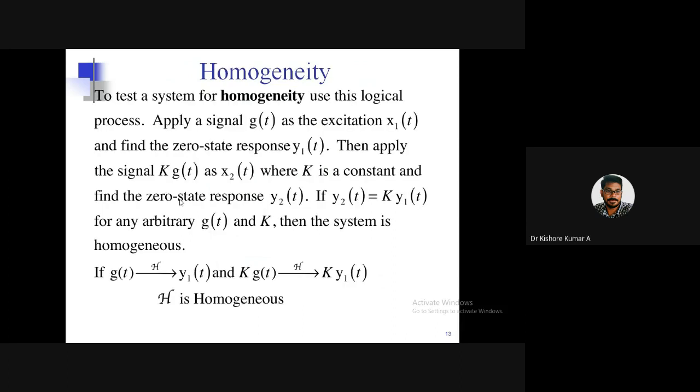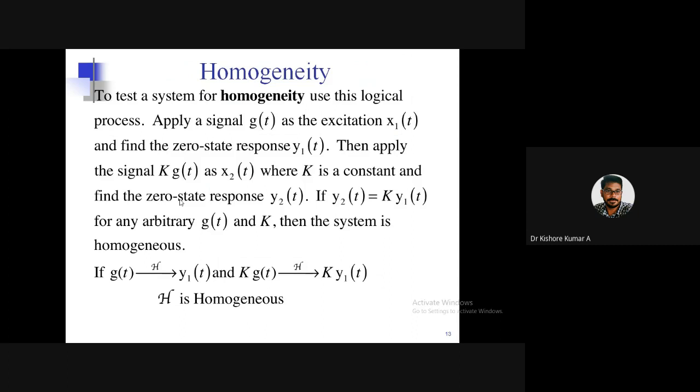And here, we have to test the homogeneity concept with the help of a logical process. So we need to apply a small signal g of t as the excitation signal x1 of t. Based on this excitation, we need to find the zero state response, which corresponds to y1 of t.